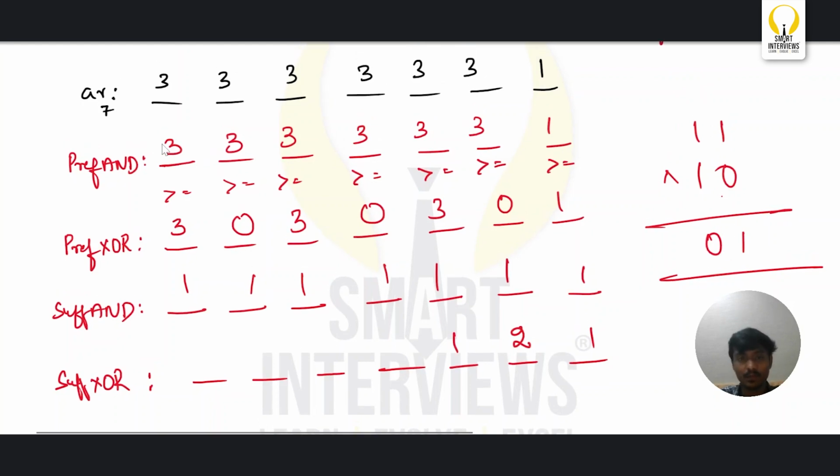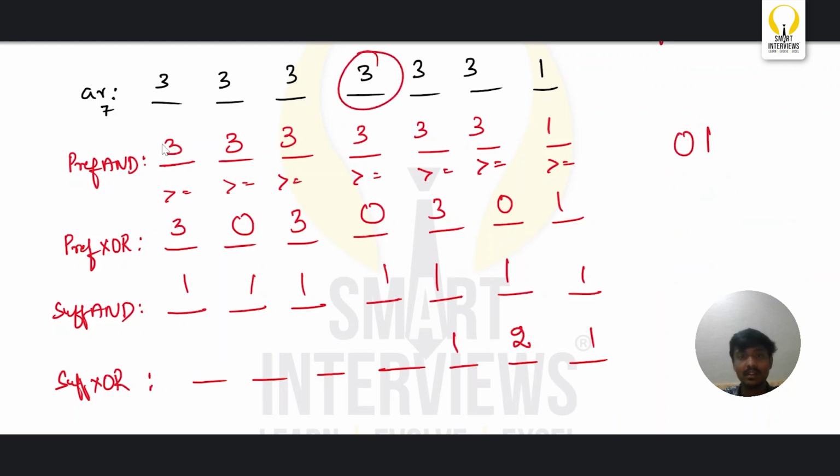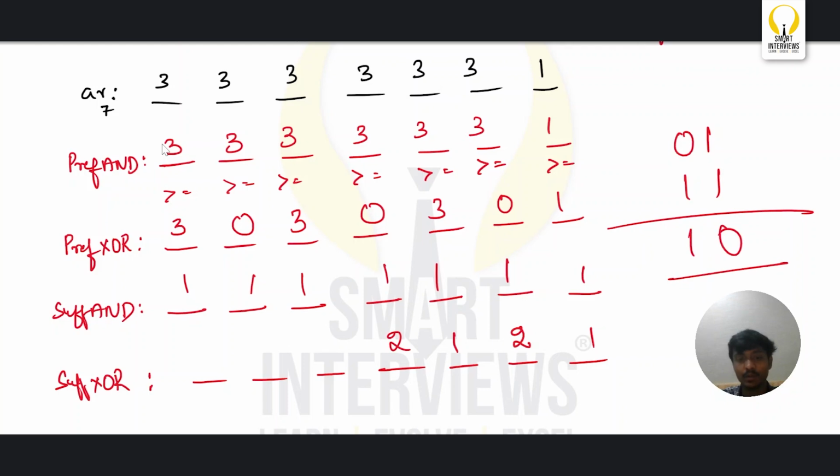Now again you are going to do XOR with this 3. So 1 XOR with 3, and again you are going to get 2, 1, 2, 1.